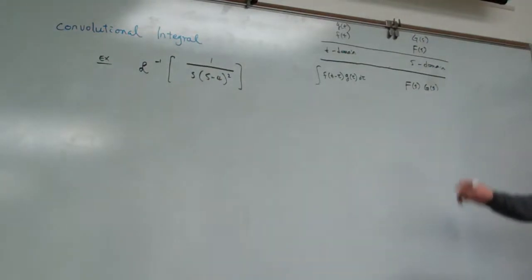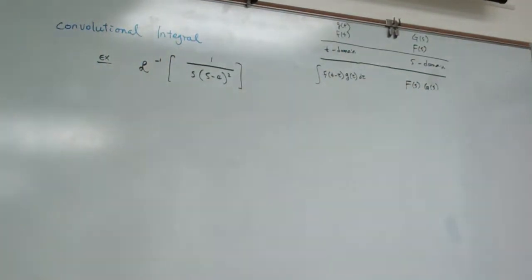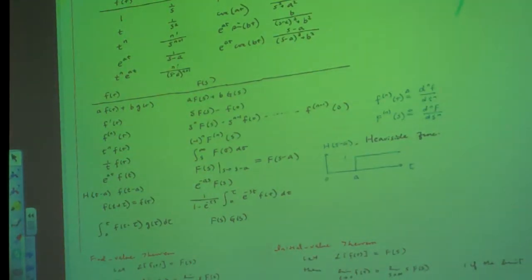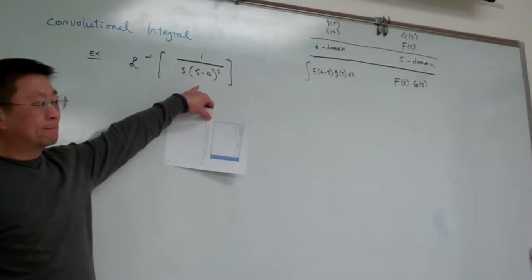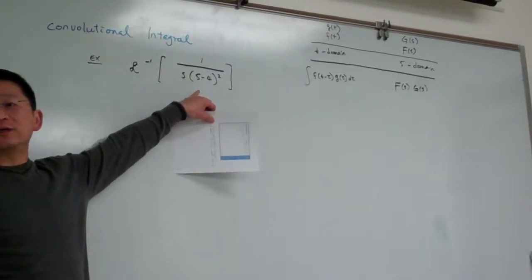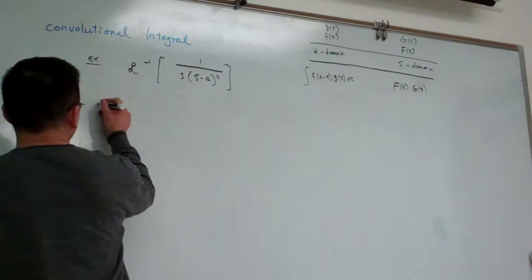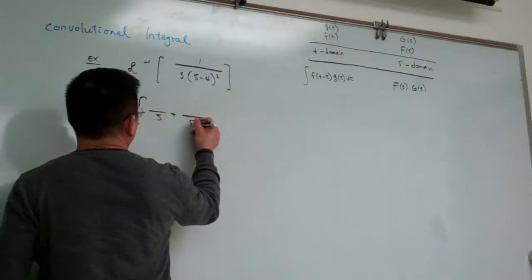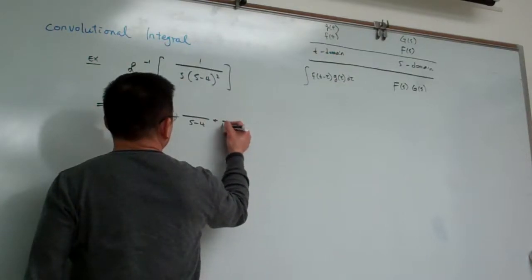So for this case, is there any way we can utilize the table? Seems not. From the tables I provided to you, it seems we wouldn't be able to match anything to this form, right? Of course, you can say, hey, can we factorize it? So maybe in this way you can see, can we factorize s and s minus 4 and then s minus 4 squared.